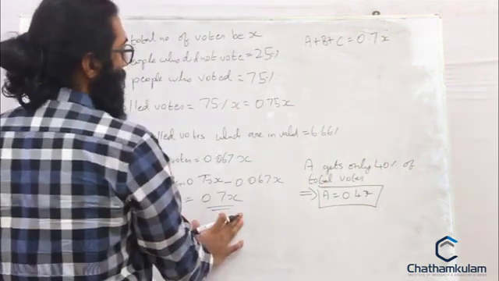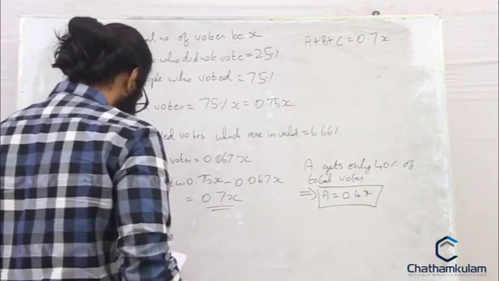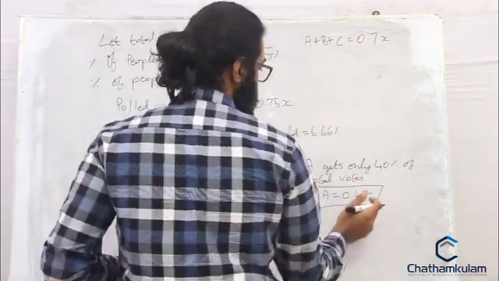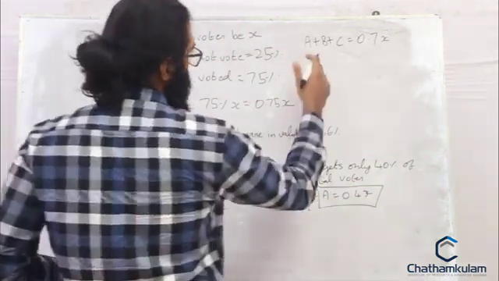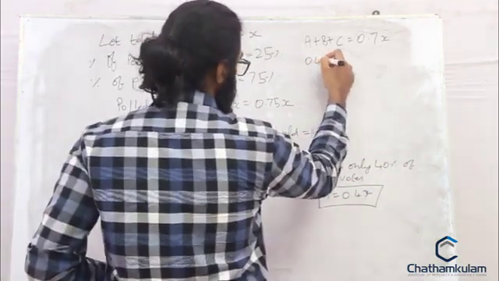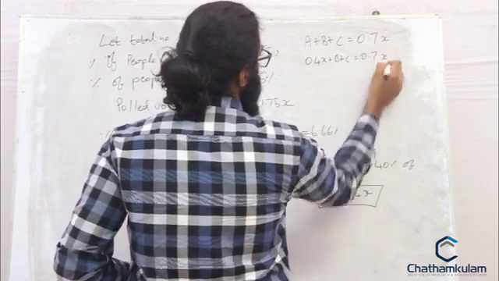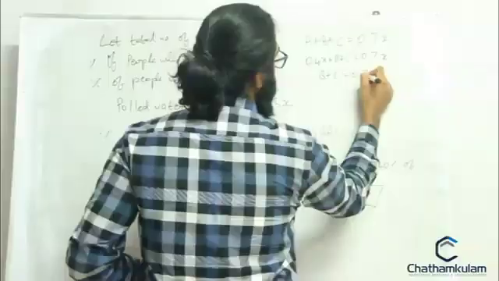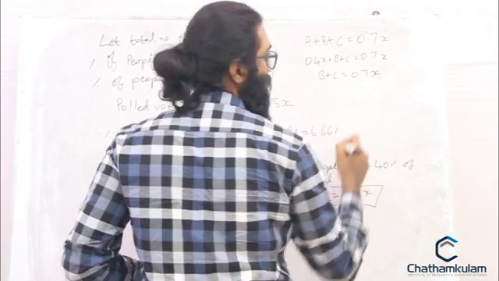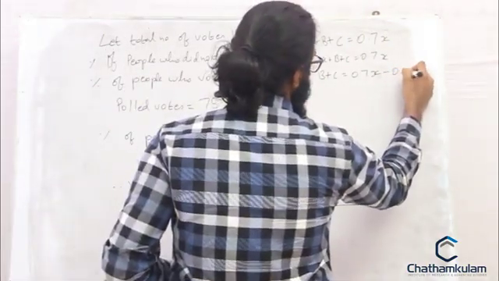Here the valid votes are only 0.7x. We also know that A got 40% of x, so we write 0.4x plus B plus C equals 0.7x. Therefore B plus C equals 0.7x minus 0.4x.